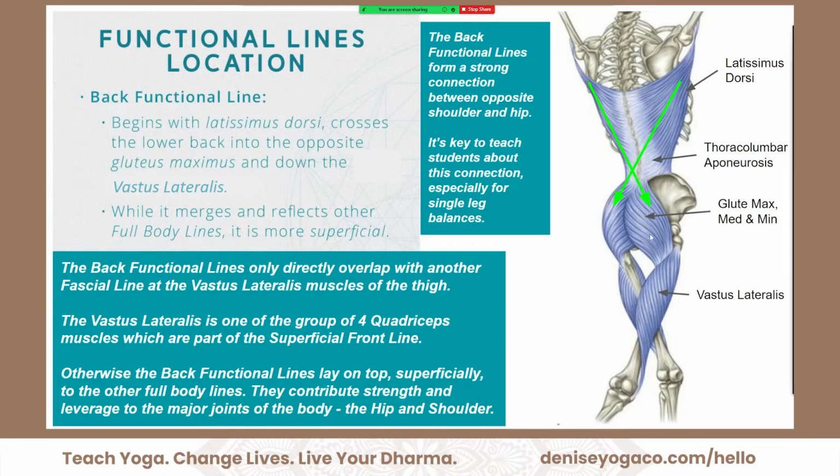But in this case, as part of the functional line, it's mainly connecting this leg and hip to the opposite shoulder. And it comes down into the vastus lateralis muscle, which is part of the group of the 4 quadriceps. Everybody knows what their quads are, right? And we always think of them as being on the front of the thigh, but vastus lateralis is really on the side of the thigh. Okay, and it extends the knee, just like the other quadriceps, but it really assists in this hip flexion action that this skeleton is doing right now.